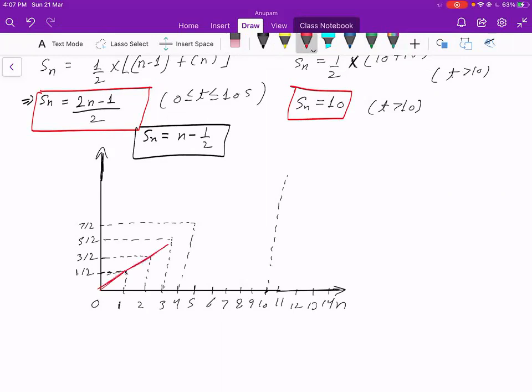It's a straight line. 9.5 is 19 by 2. So these are all the values that you are getting for different n. I'm plotting Sn versus n. Hope that makes sense.